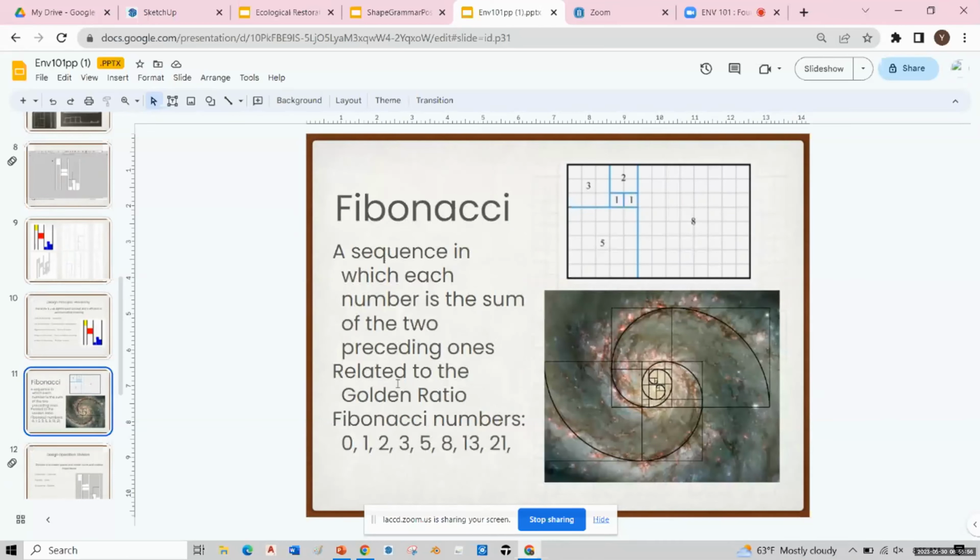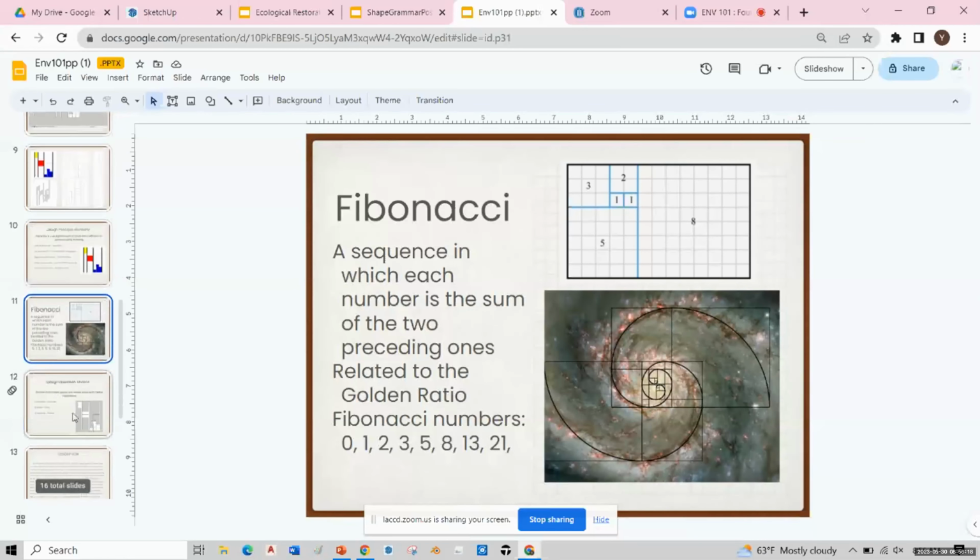I also wanted to use the Fibonacci sequence, which is the sum of the two preceding ones, related to the golden ratio. And these are the numbers I used. Mainly I used 0, 1, 2, 3, and 5.